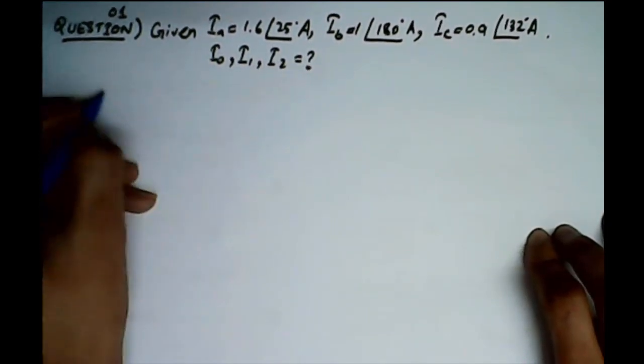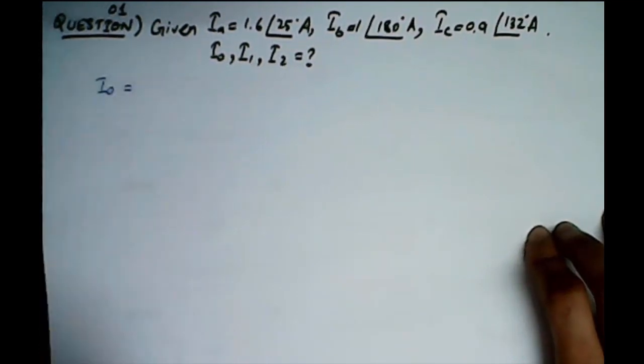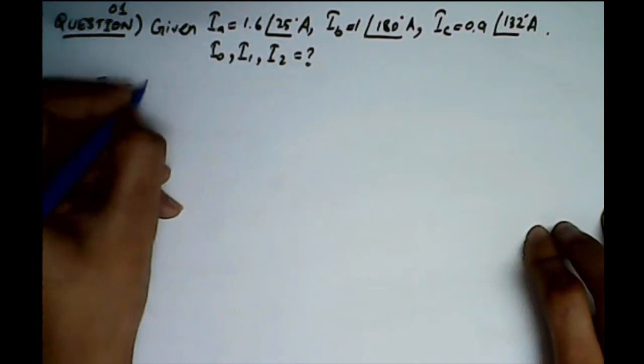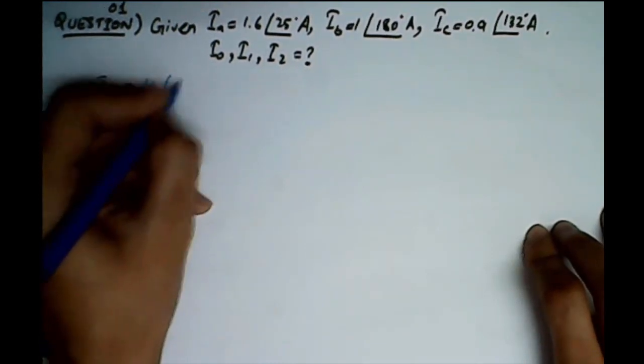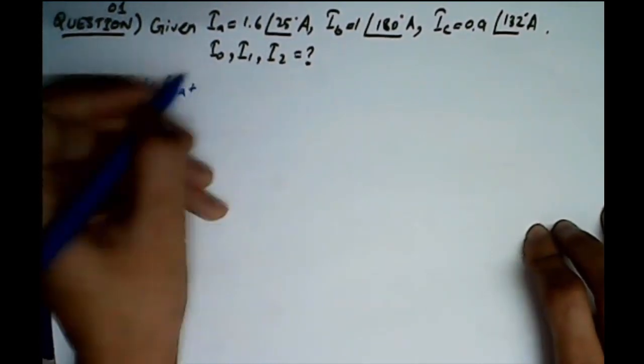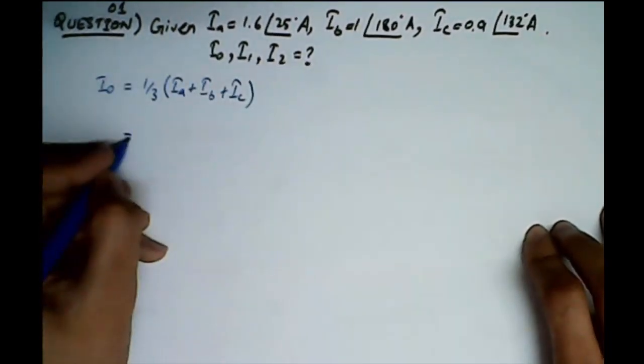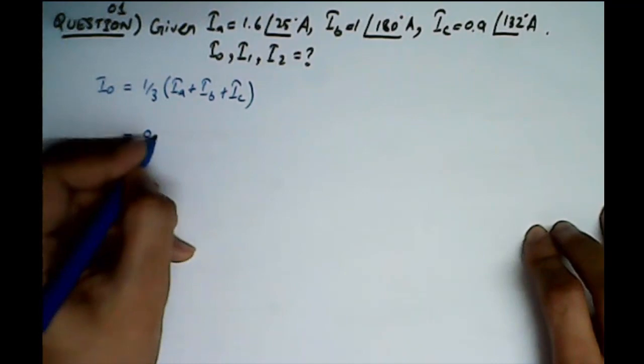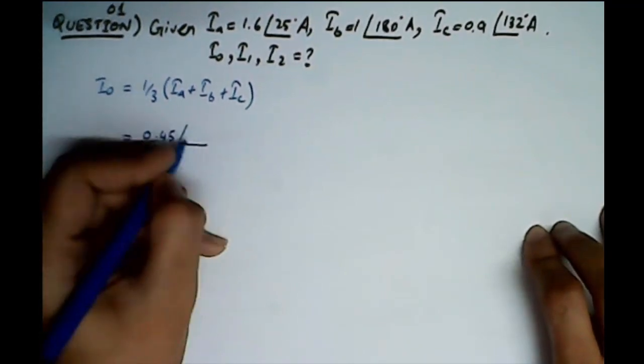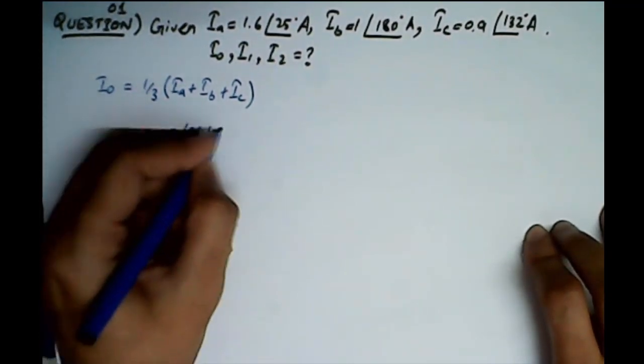I0, as per our discussion in this lecture earlier, is equals to 1 over 3 (IA plus IB plus IC), and this will be equals to 0.45 angle 96.45 degrees.